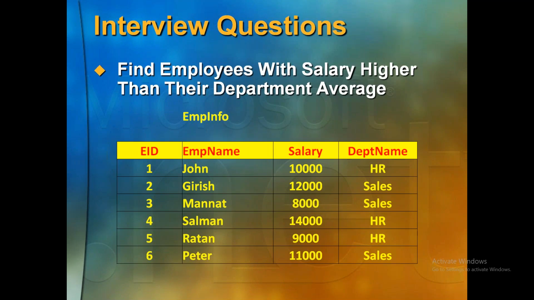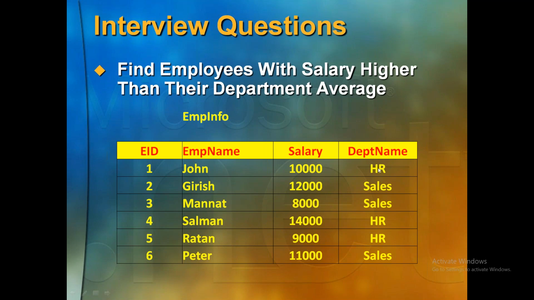See, this is one beautiful question people asked the other day: find employees with salary higher than their department average. Okay, I have John, who is getting 10,000 per month. Girish is getting 12,000. Manat is getting 8,000. Salman 14,000. Ratan 9,000. Peter 11,000.